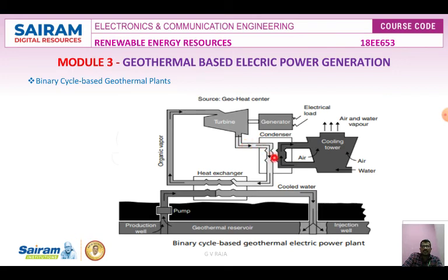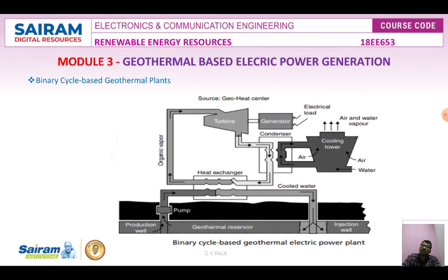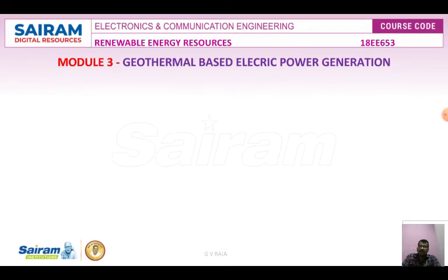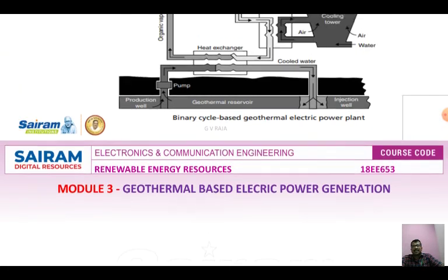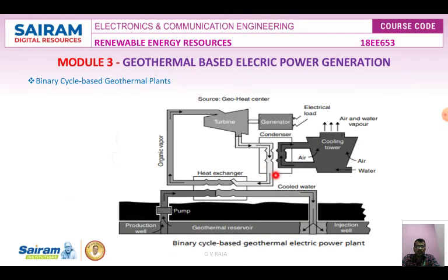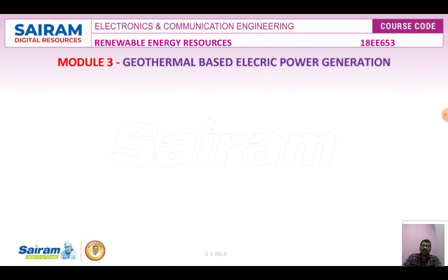Again the vapor is converted into liquid with the help of the condenser. The water is cooled again, and then the water alone is returned to the well, while the working liquid is used again for the next cycle of operation. This method we call binary cycle based geothermal.